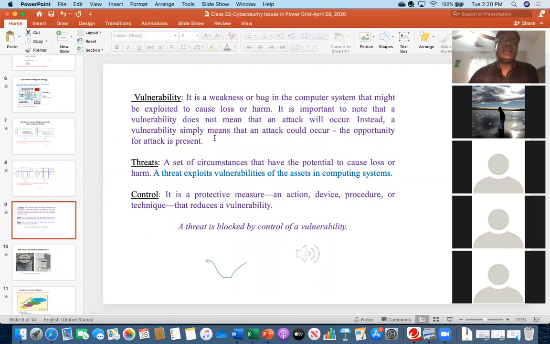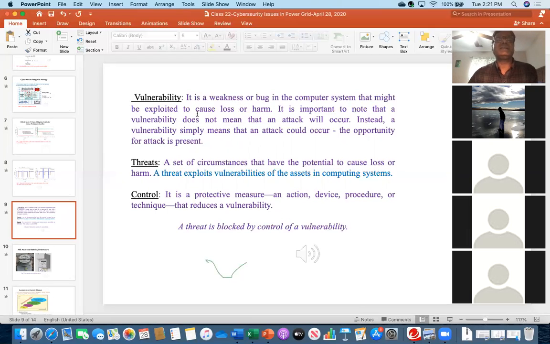Here I will show you just a few standard terminologies with regard to cybersecurity issues, like vulnerability, threats, and then the control. These are common terminologies, which many of you have studied in your papers and have used. So what is a vulnerability? It's basically a weakness or bug in the computer system that might be exploited to cause loss or harm.